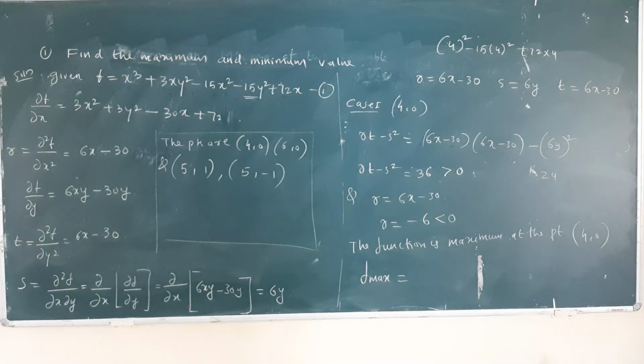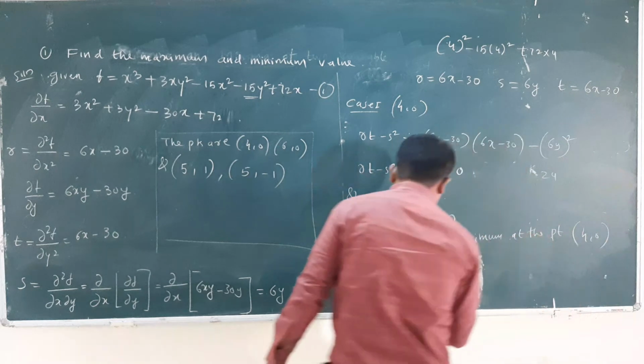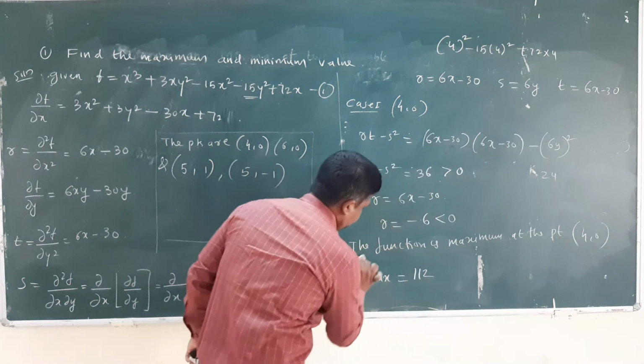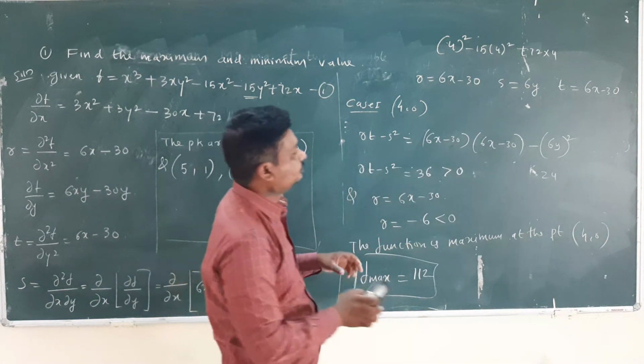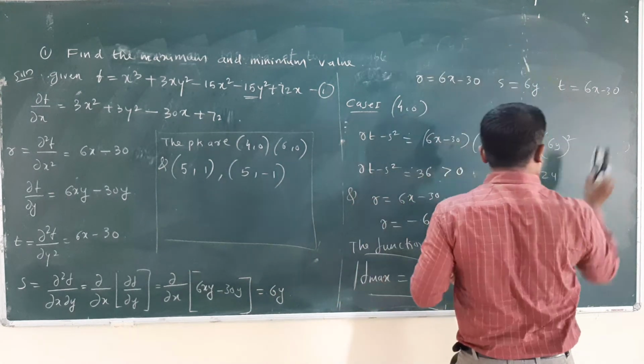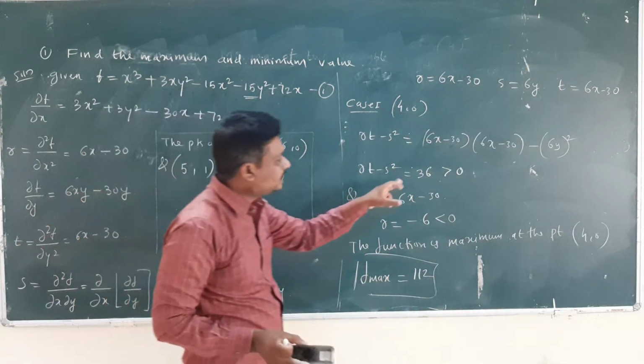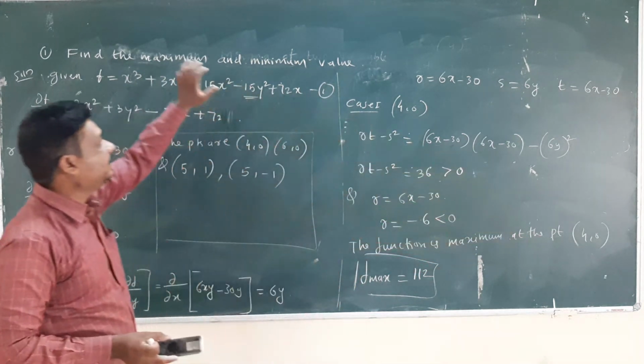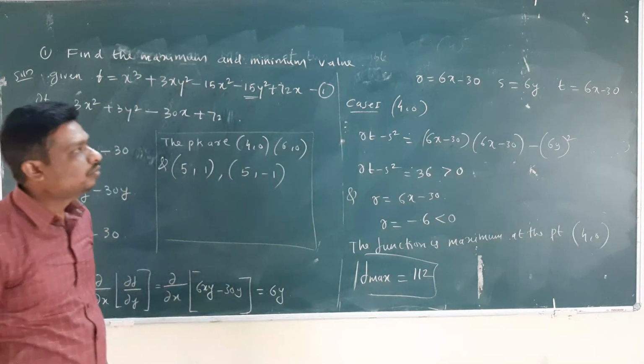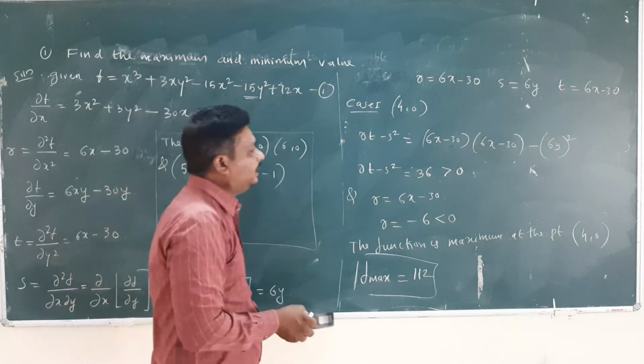If I simplify that, I will get the maximum value as 112. So once again, to get the maximum value we have to insert this point in the given equation, that is equation number 1. So I will go for the next point.